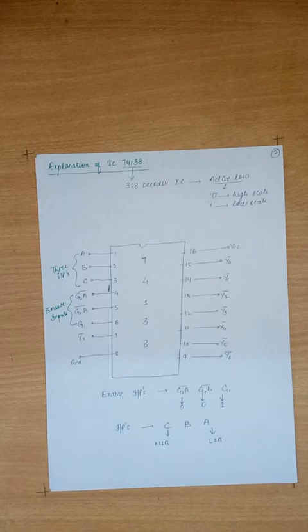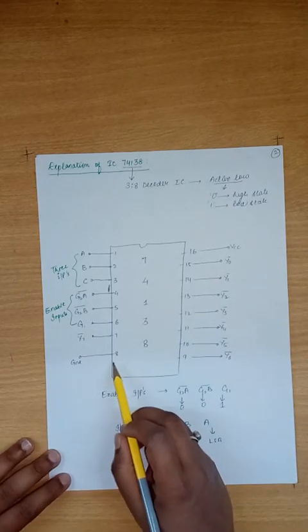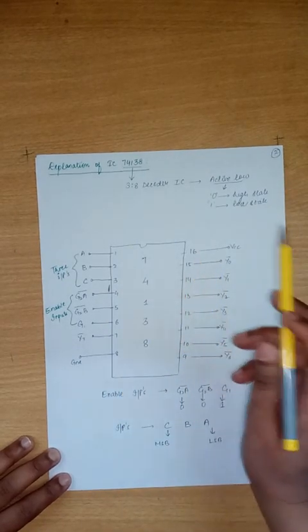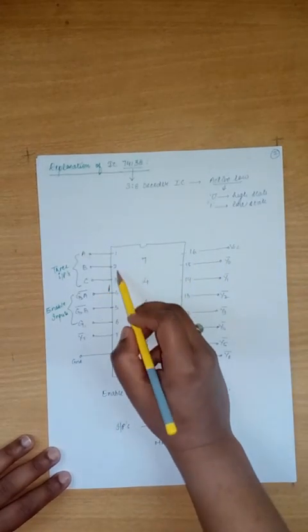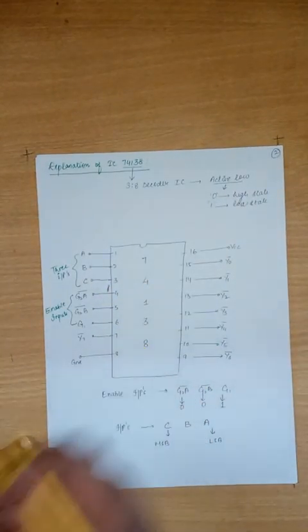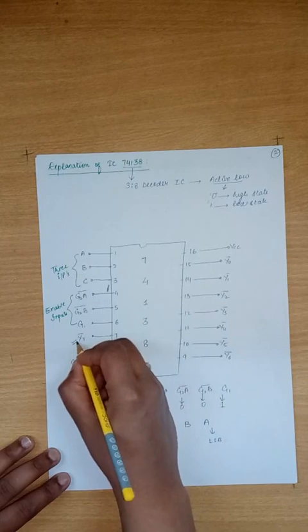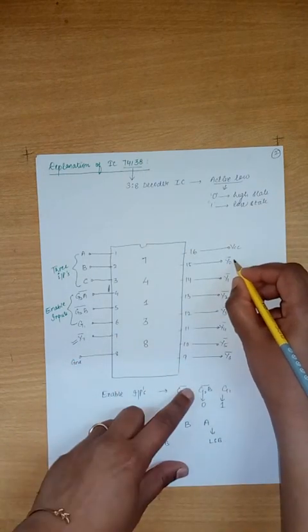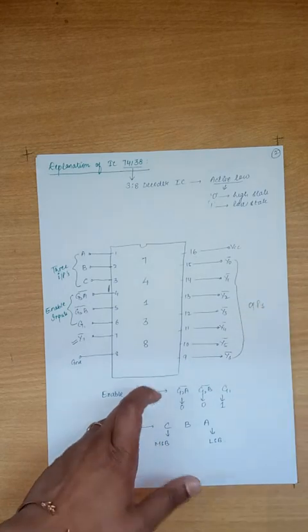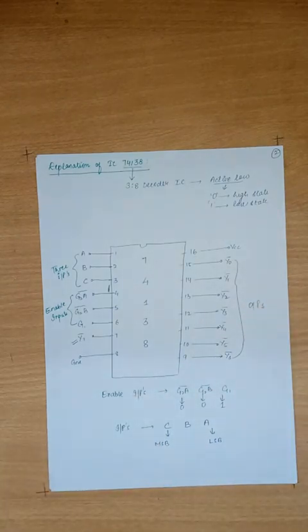As we can see from the figure, pin number 8 is grounded and pin number 16 is my supply. My 3 inputs are pin numbers 1, 2 and 3, that is A, B and C, whereas my 8 outputs are Y7 bar, Y0 bar to Y6 bar. These are my outputs. Are we clear with that? 3 inputs and 8 outputs.